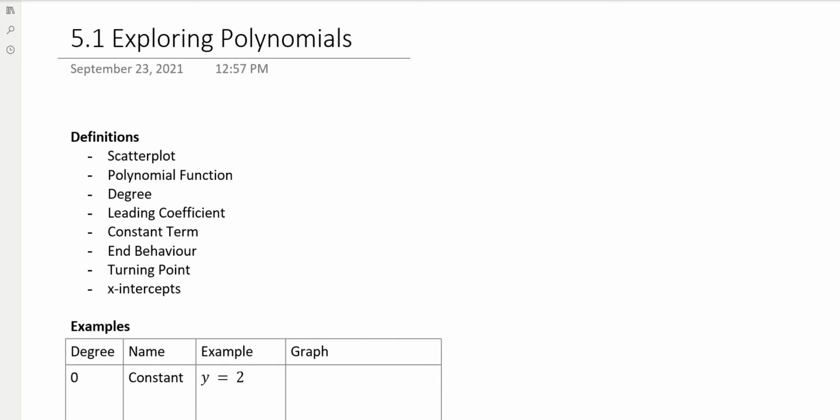So first of all, what is a scatter plot or scatter chart? This is where you have a graph, but you just have a whole bunch of dots, and you can follow the dots with the curve.